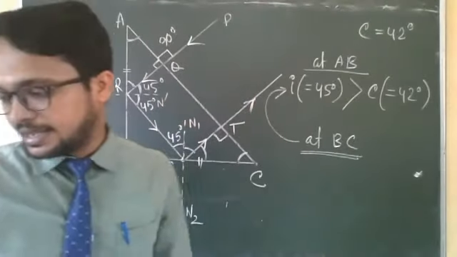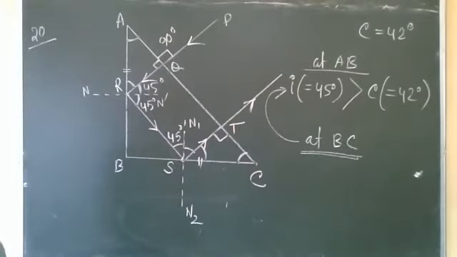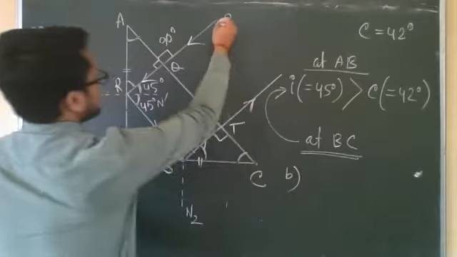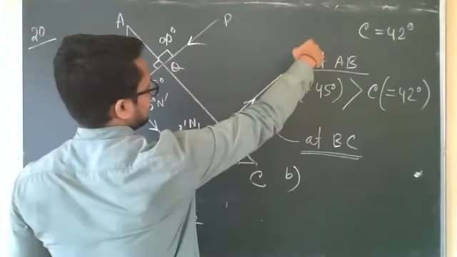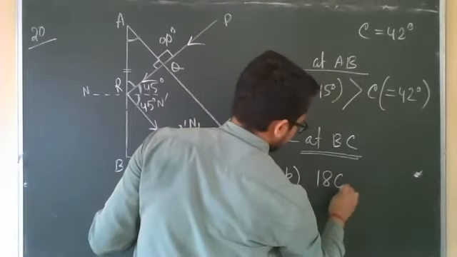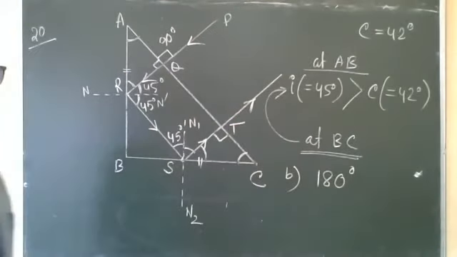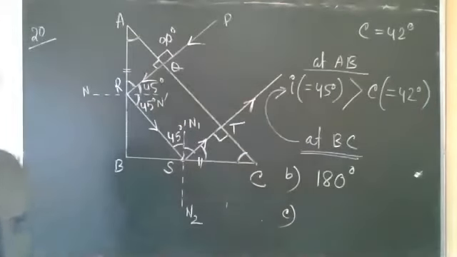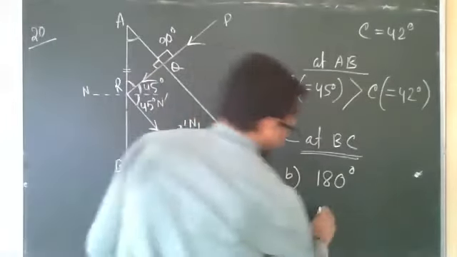So this is the ray diagram. Next question: what is the angle of deviation of the ray PQ? It was going in this way, and finally in this way. Anti-parallel means 180 degrees. And it is used in a binocular or camera.